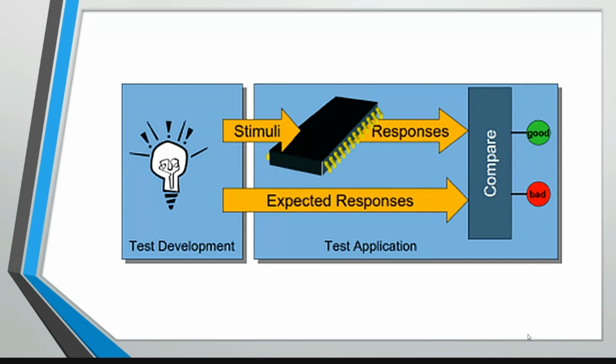So stimuli and response will be checked, and we already configured the testing platform with the design, so it creates an expected response for this particular IC for a given input.